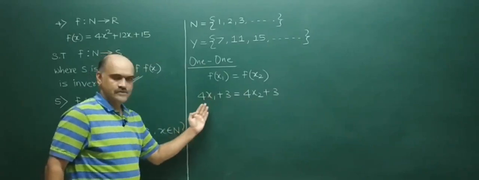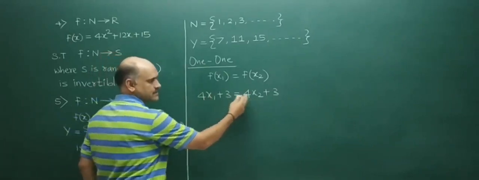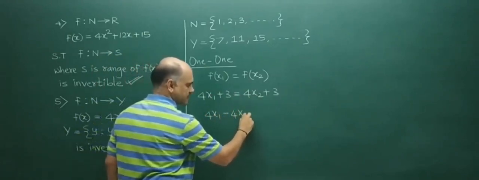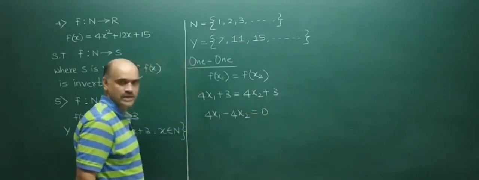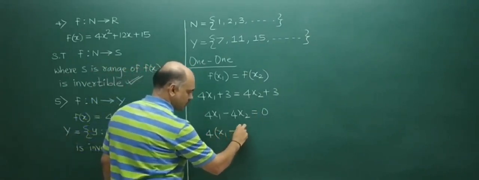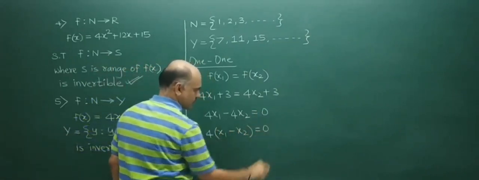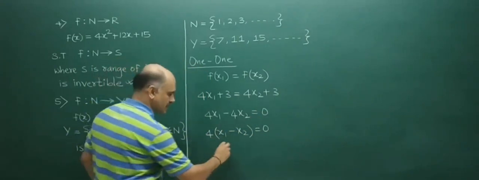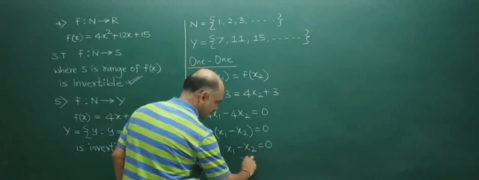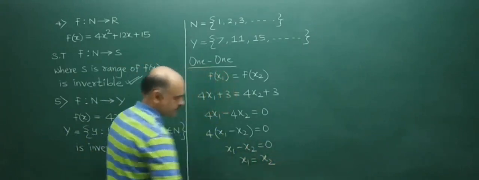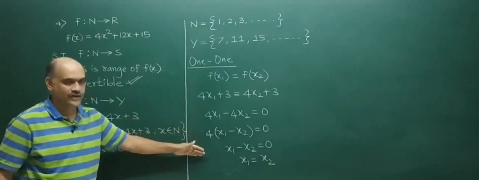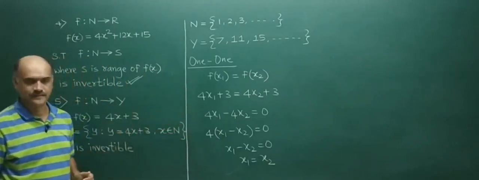Again take the terms to the LHS, 3 gets cancelled, 4x1 minus 4x2 is equal to 0. Take 4 common, x1 minus x2 is equal to 0. If I divide by 4, you will have x1 is equal to x2. Therefore given function is 1-1.